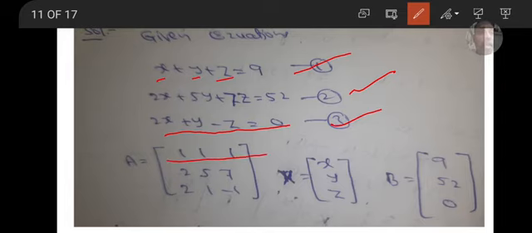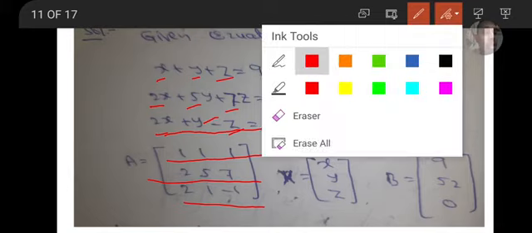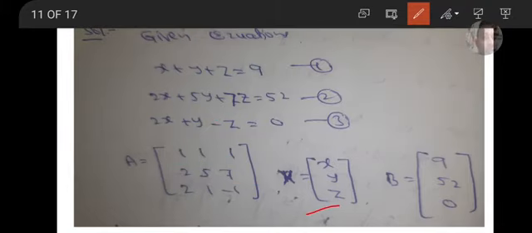Next, 2, 5, 7, the second equation coefficients, is the second row. And the third equation, 2, 1, minus 1, is the third row of the coefficient matrix. Next, the variable matrix X equal to x, y, z, and B equal to the constant matrix 9, 52, 0, which is a column matrix.